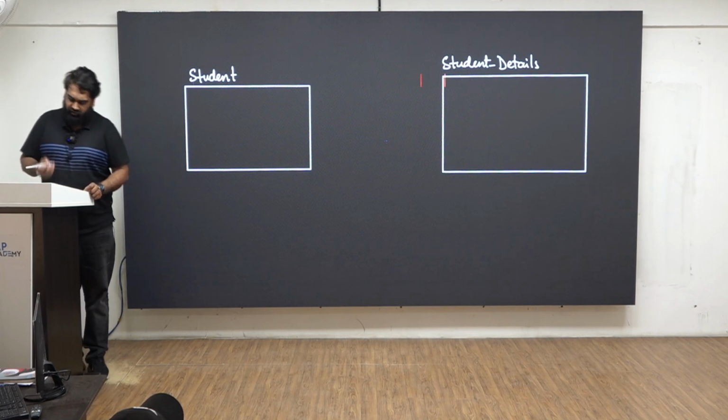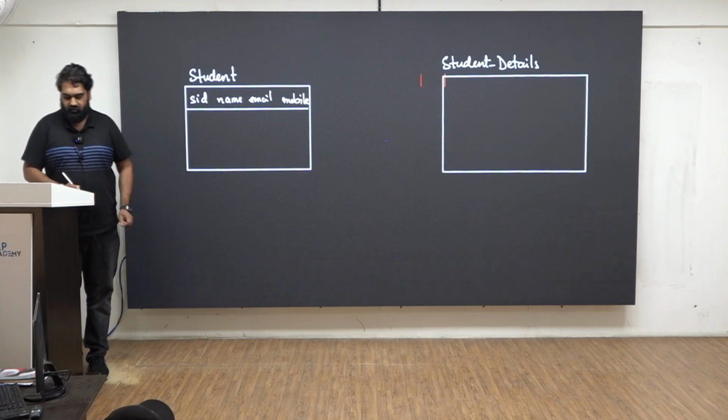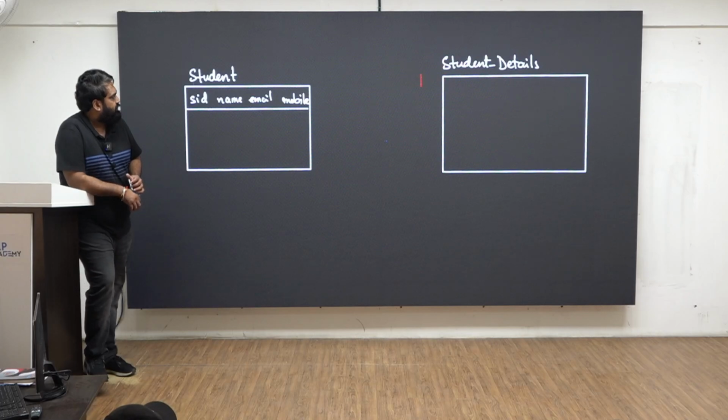Sir, what is there inside the student table? You anyways already know. I am going to have SID, name, email and mobile. This is what I have inside the student table.